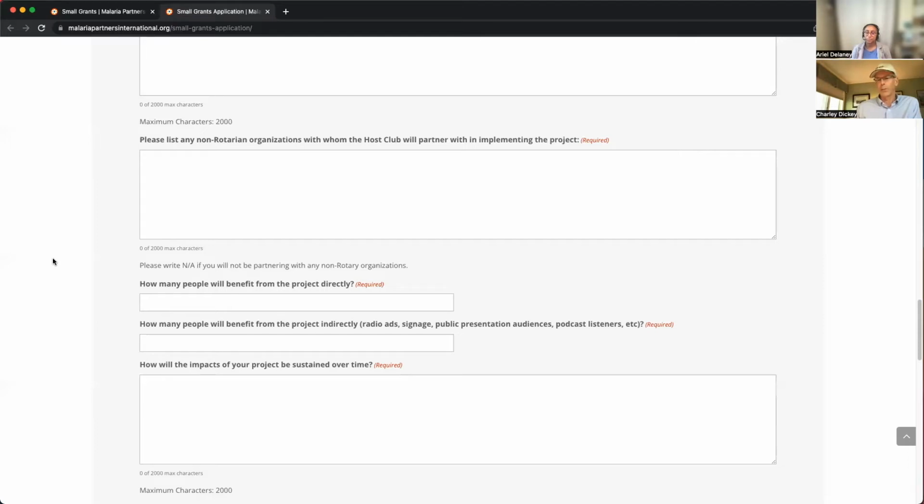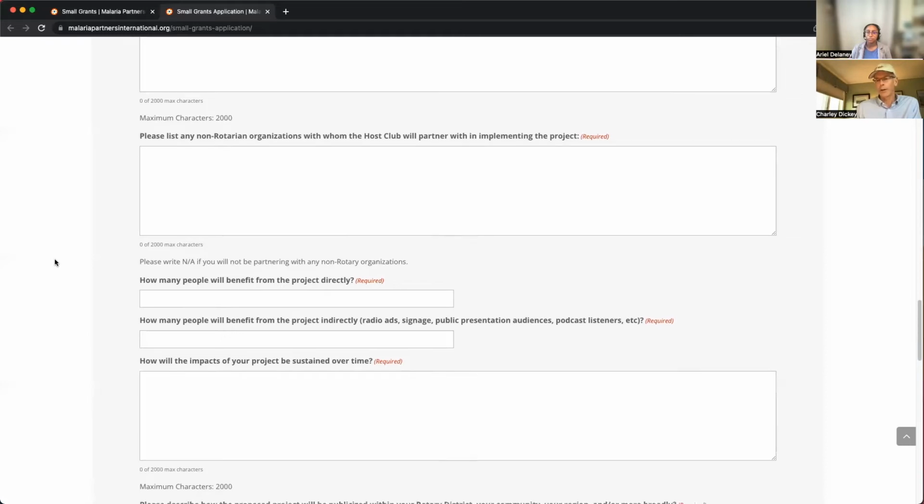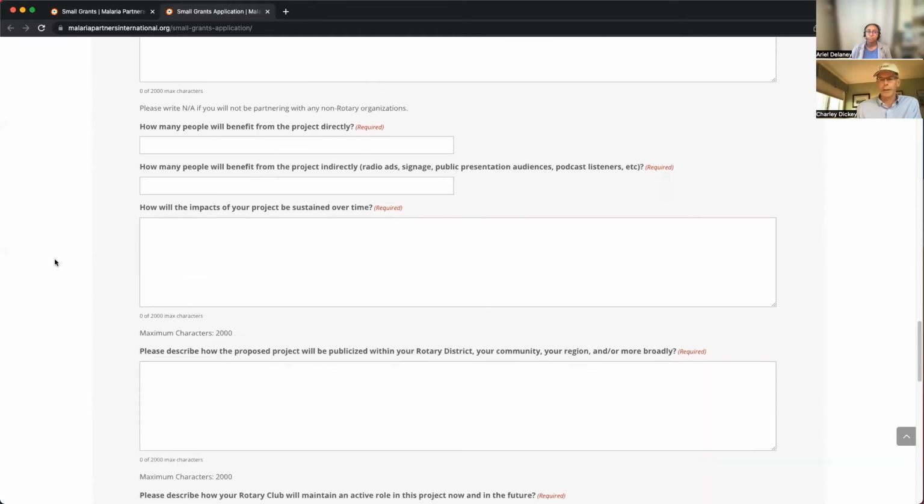And so the project is all about the training. Then obviously the direct beneficiaries are the trainees themselves, but then indirectly they're going to be reaching out into the communities and connecting with populations of people. And a best estimate of the number of people from an indirect standpoint that those people would touch would be a number that would go into the indirect category.